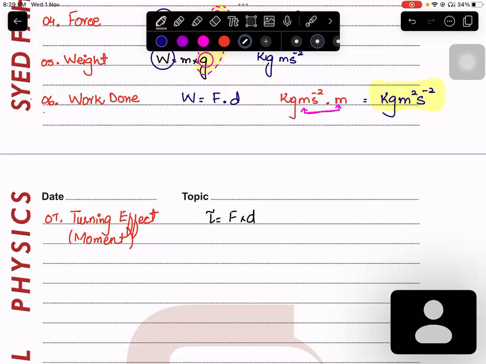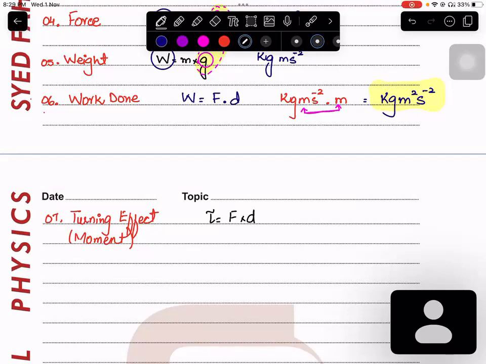For example, turning effect, work done, and energy are all the same.